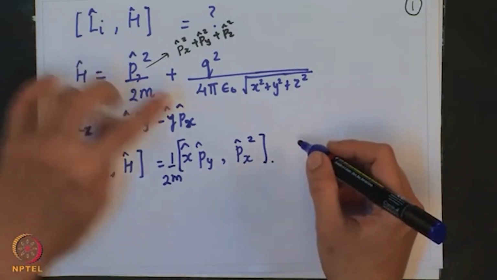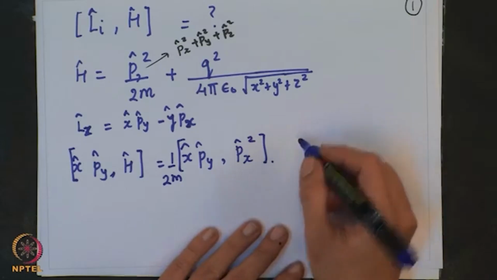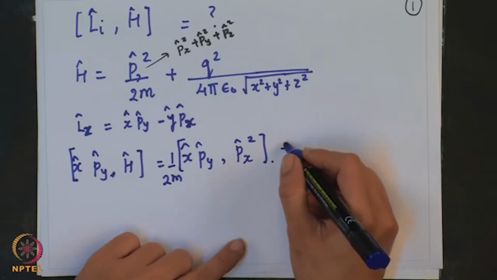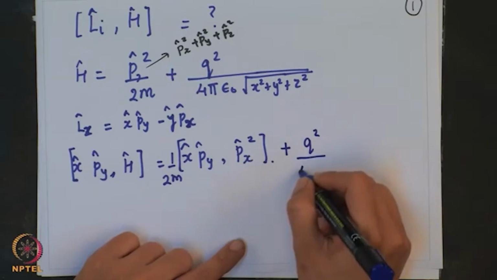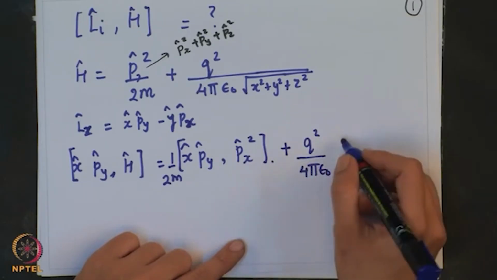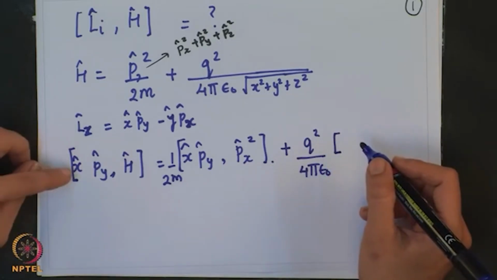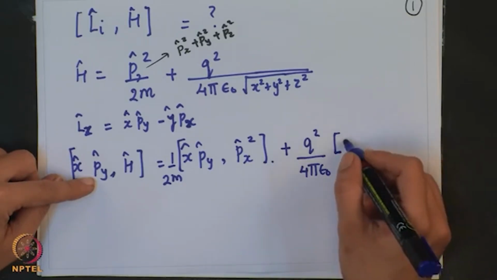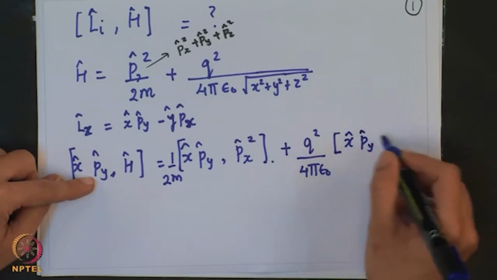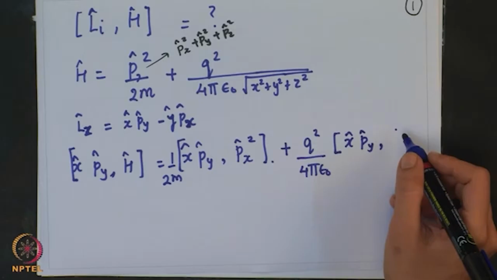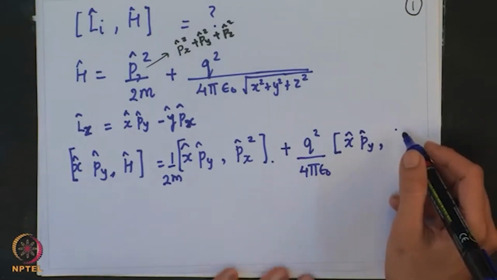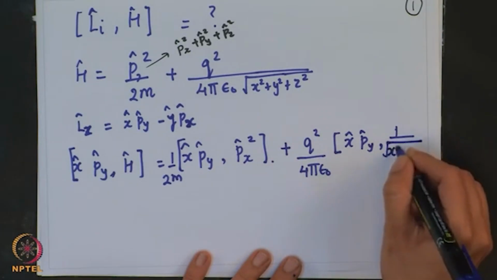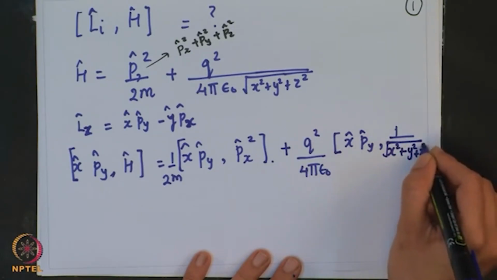And for the second term we have the commutator of plus q square upon 4 pi epsilon naught, commutator of x cap and py with 1 by square root of x square plus y square plus z square.